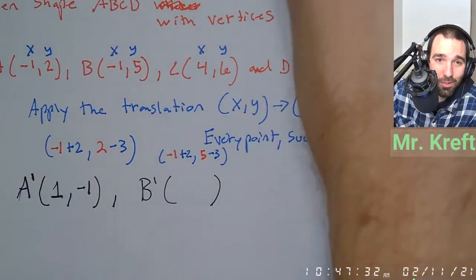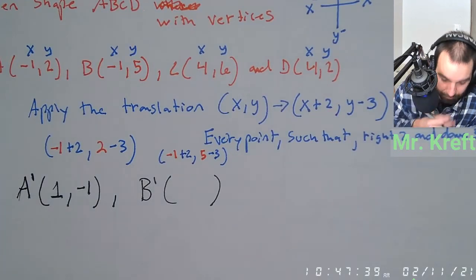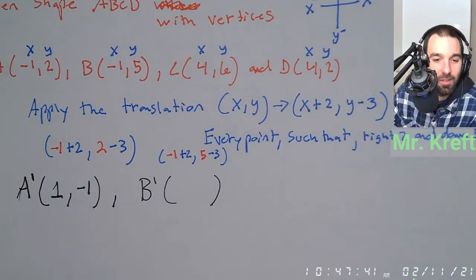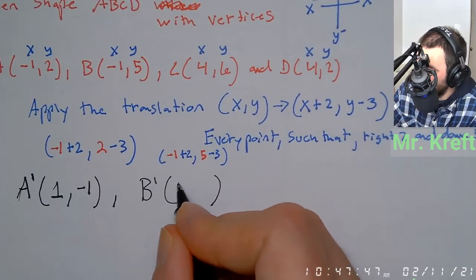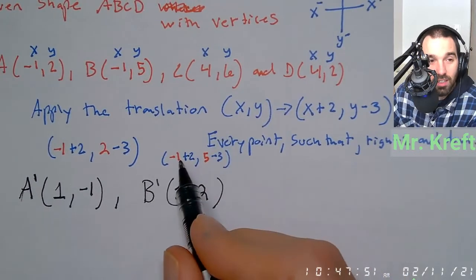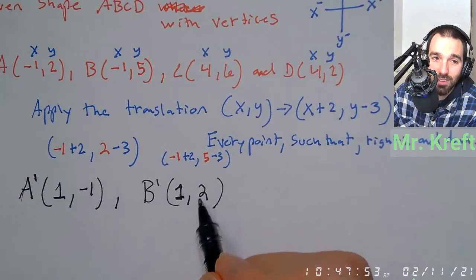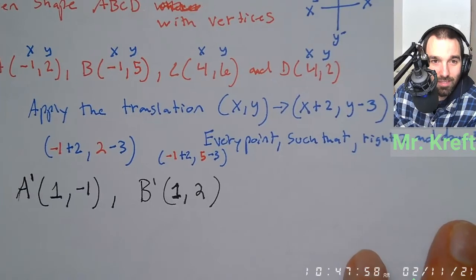Hey guys, I should be getting a lot more answers. Come on. There we go. What we should be getting is 1, 2, because -1 plus 2 gives me 1, and 5 minus 3 gives me 2.